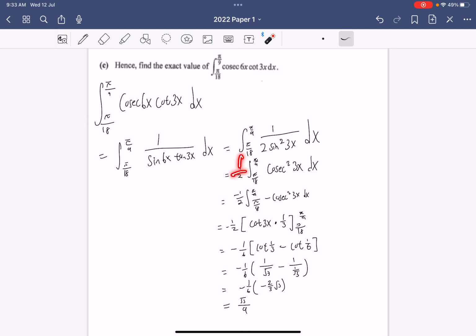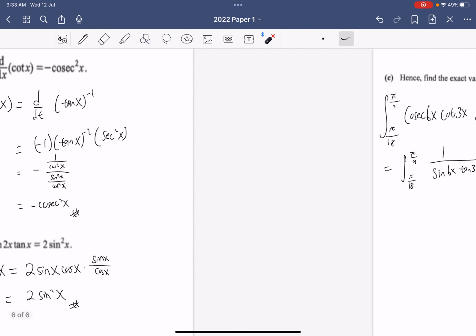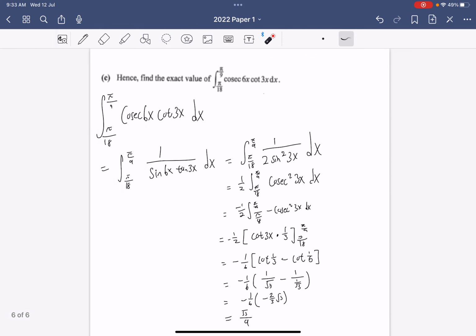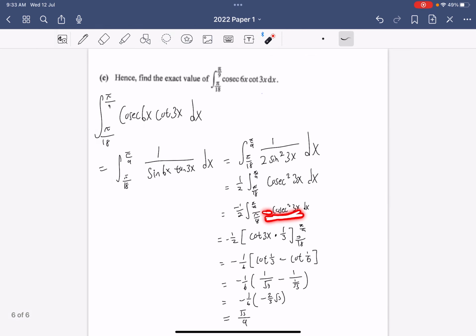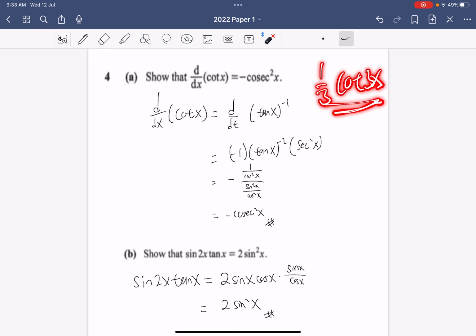And then we realize you can pull out the constant, so it's half, integral from pi over 18 to pi over 9 of cosecant squared 3x. Then you see, over here you have minus cosecant squared, so you put a minus sign here, meaning you have to put a minus sign outside as well. And with that, this is the derivative of 1/3 cotangent 3x, in a sense.